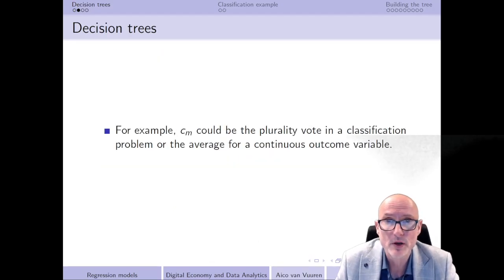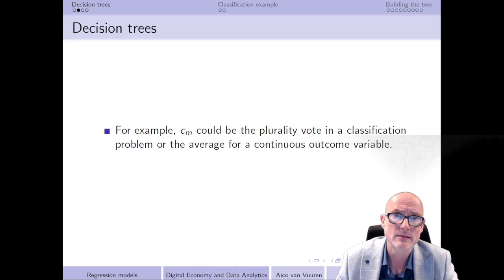We are going to talk about that much more, but one thing we can think about is that Cm is going to be the so-called plurality vote in a classification problem. What is that? We have already seen in the last video that in the situation of k nearest neighbors, we usually predict that particular class that is the most frequent among the k nearest neighbors.